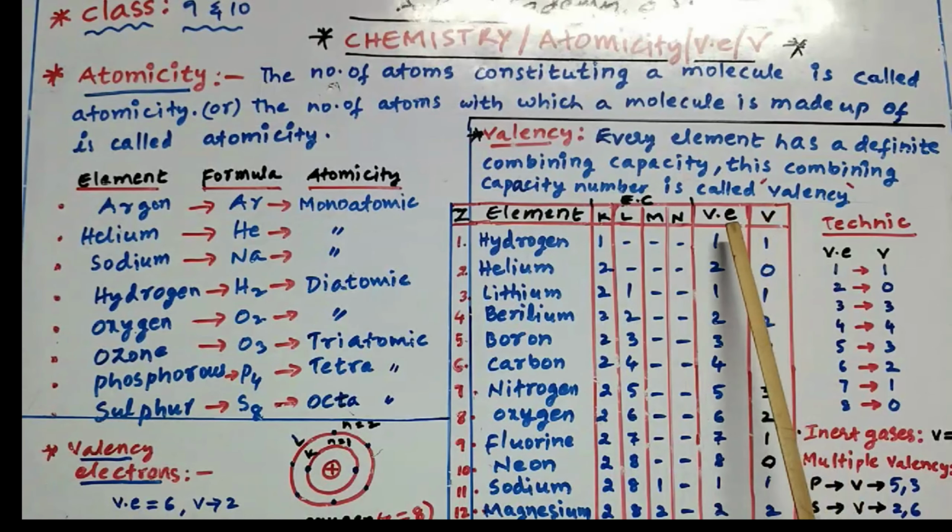So we understood the valence electrons: the outermost shell electrons. But try to understand my technique to remember valency from valence electrons. If 1 valence electron is there, valency 1. If 2 valence electrons, it is like duplet configuration, inert gas helium, its combining capacity is 0.